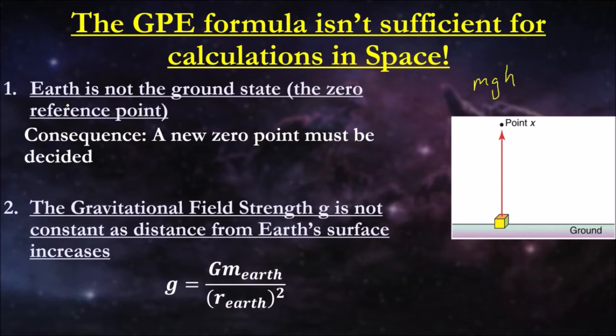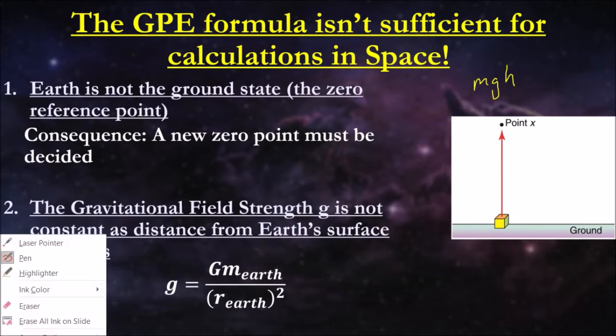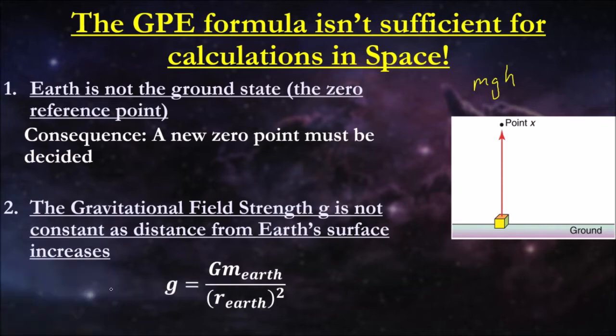Earth is not in the ground state, or it's not our zero reference point. So as a consequence, we need to find a new 0 point. Point number 2 is gravitational field strength is not constant as the distance from the Earth's surface increases, as we can see from this formula here. So let's try and work out where that 0 point potentially could be, and then go from there.